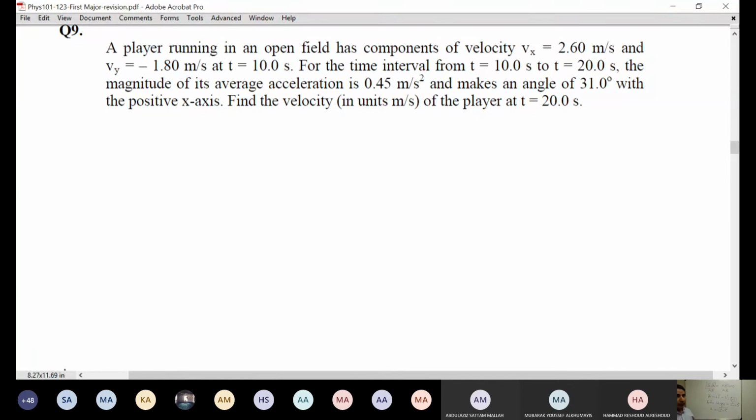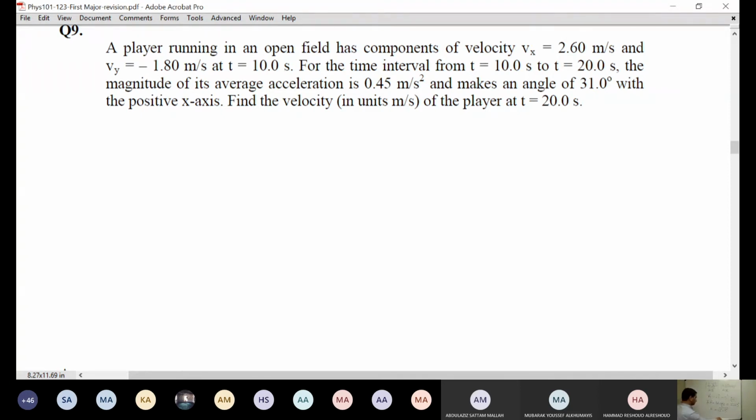So this is the first time we are seeing that the acceleration is given as a magnitude and an angle. Okay, and we need to determine the final velocity. So the velocity obviously is a vector, and we need to determine the x component, y component, and then bring them together.